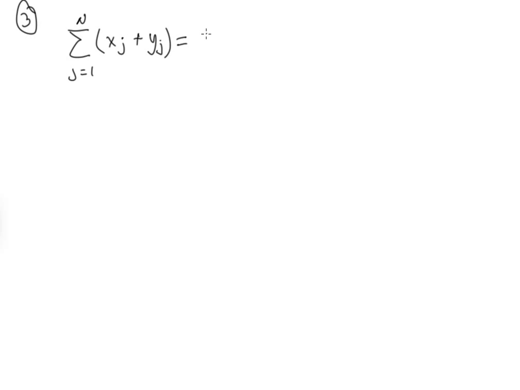The distributive rule says you can have the sums of x's separately from the sums of y's, right? So that's a very neat rule. I like this rule myself. It simplifies the proofs you will come across later. Now this applies to subtraction as well. So if you're subtracting, this plus minus should be there.